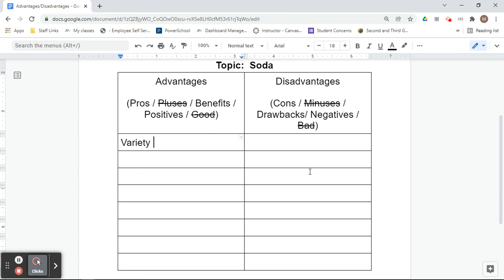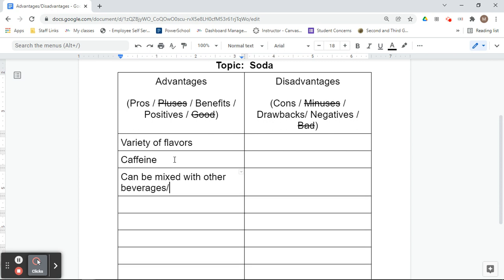You can see all the different flavors that I mentioned earlier in the video. So one benefit is variety. Another benefit or advantage of soda is the variety of flavors. Soda has caffeine, which could be considered a benefit. You can mix it with other beverages or flavors.